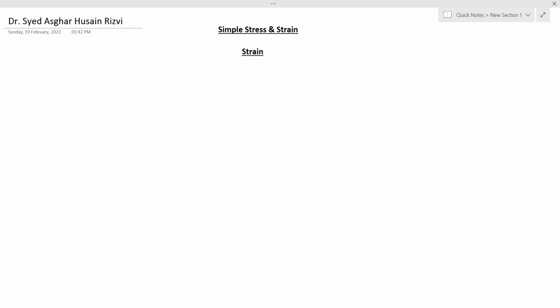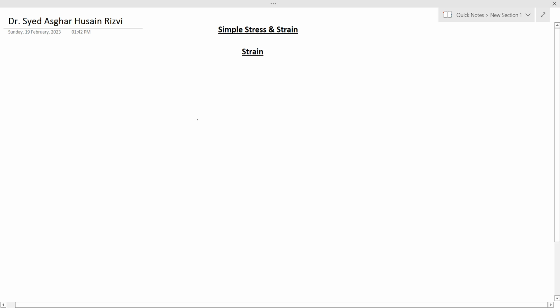In the first lecture we have discussed about the stress and various type of stresses. The concept is that when a body is acted upon by an external force P, it generally deforms or it initially deforms. It changes its shape like this.